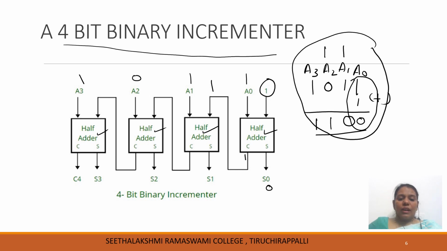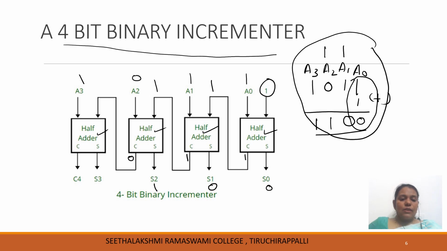So this carry will be taken to the next half adder as the second input. So here 1 goes here so that the second half adder will have an input of 1 and 1, which will add those two numbers and give a sum of 0 along with the carry of 1. So this carry is taken to the next stage and here the input becomes 0 and 1 for the third half adder, which adds these two numbers and gives a sum of 1 and a carry of 0.